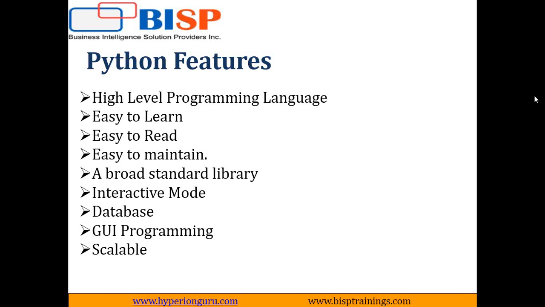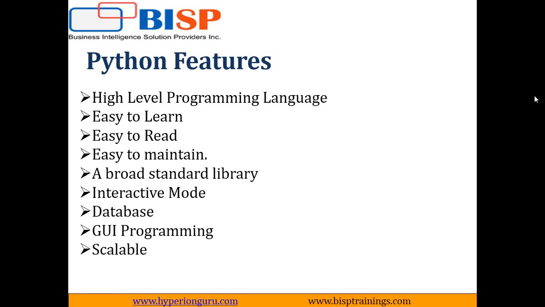And it is scalable. Scalable means it provides a better structure and support for large programs than shell scripting. So it's scalable in terms of, Python has got huge libraries, so we can divide huge programs into modules.